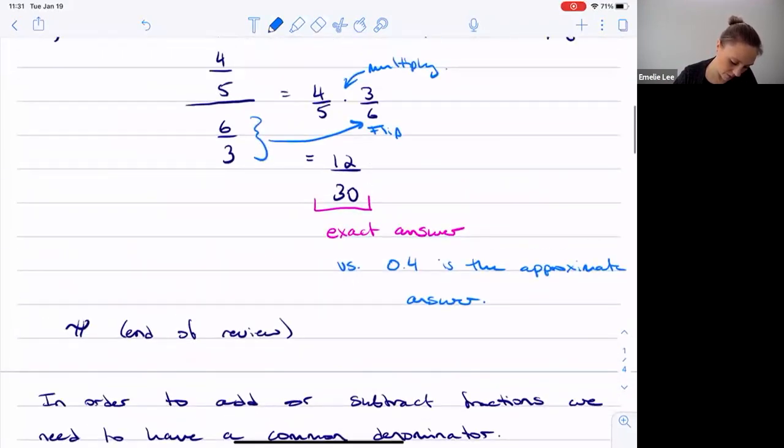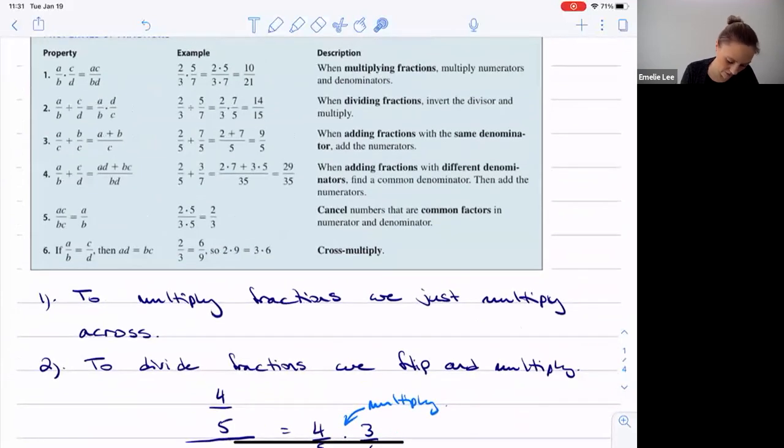The one that I do want to get to is this last property, which is really useful. If you have a fraction a over b is set equal to c over d, then what you can do is you can rewrite this as a times d, which is equal to b times c, and I'll show you how that came about. But you're just cross multiplying. But we're going to use this a lot if we're talking about solving for x, for example, right?